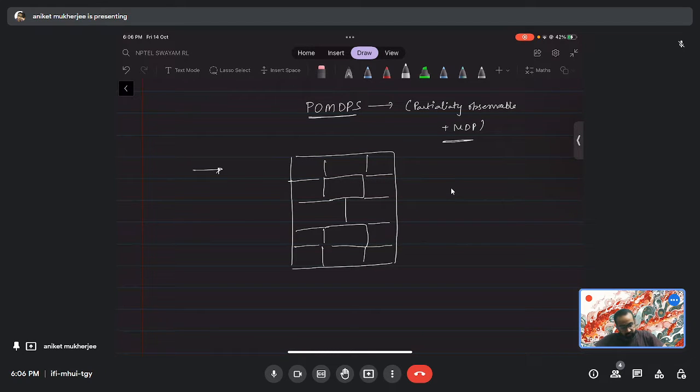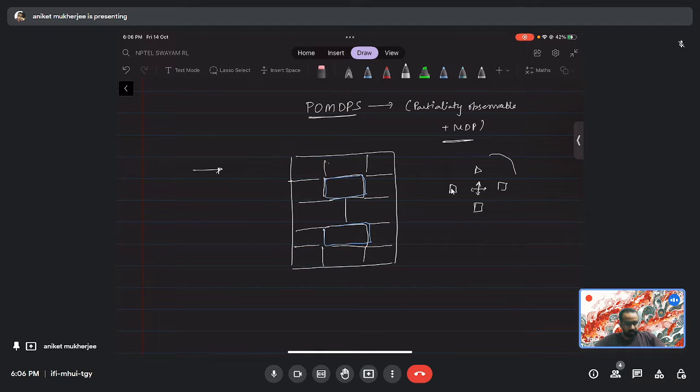If your agent is here, then you have sensors which detect the four cardinal directions: north, east, south, west, whether you have an obstacle or not.